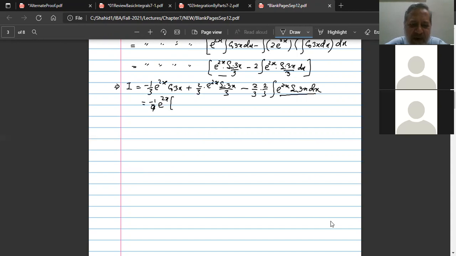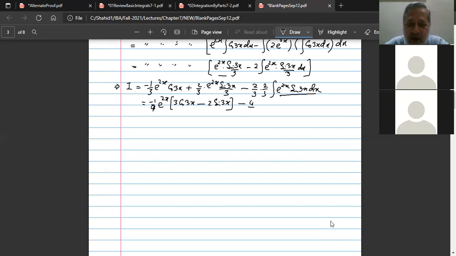What's left? Cos 3x, but here it was 1 by 3, so it should become 3 cos 3x. Negative taken common. 2 is not taken common. 1 upon 9 is taken common. Negative is taken common. So minus e power 2x is taken common. Minus 2 sine 3x.